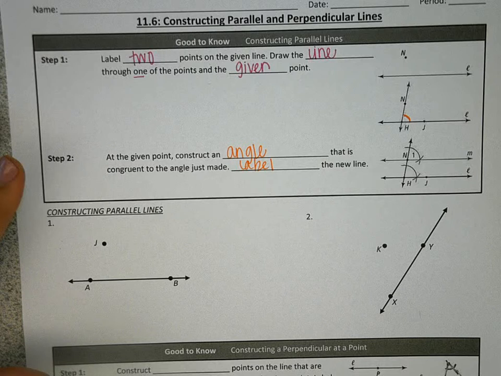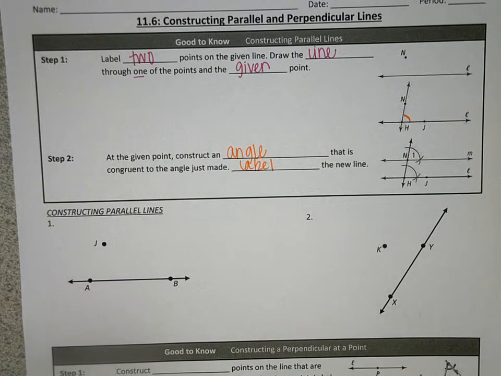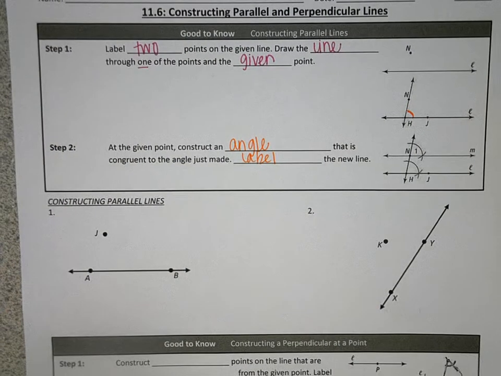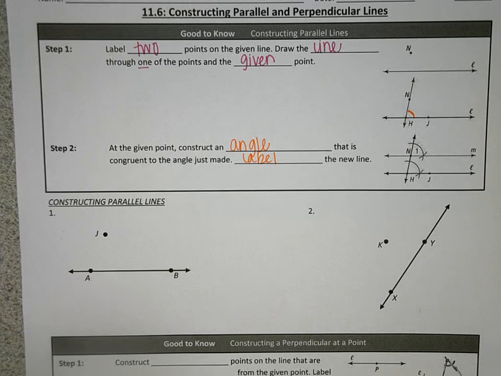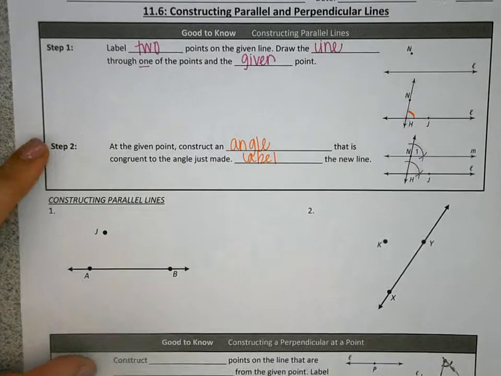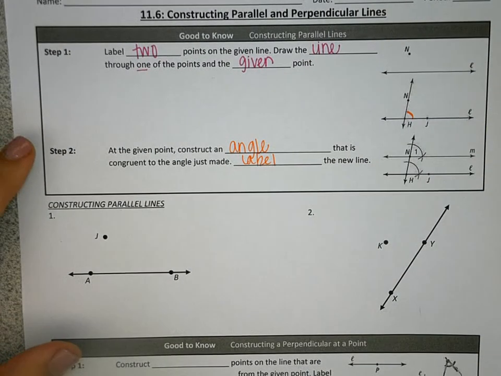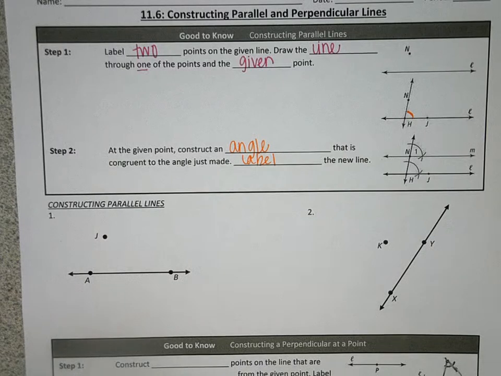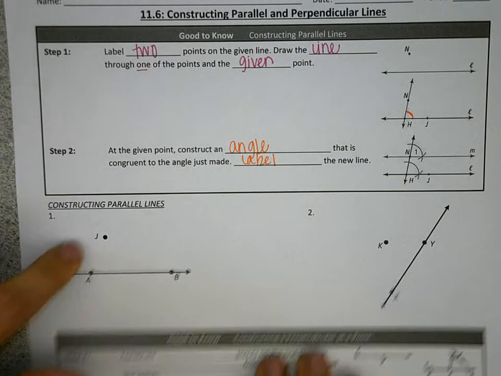You are going to use your copying an angle strategy from 10.1 that we did on Friday to construct a congruent angle through this point. Okay, and then you're going to draw the line. It's not too bad. So here is how we are going to do it. First thing, let's look at number 1.